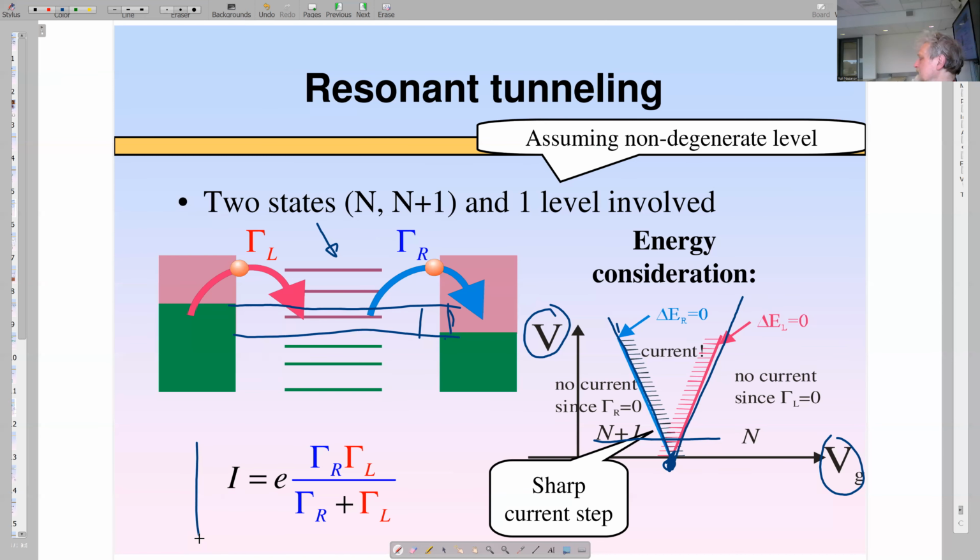We can determine the probability for the dot to be either in the state with an empty or filled level. And from that, we can figure out the current. Here's the current. The rates don't depend on energy, which means that the current is constant, either zero or constant.